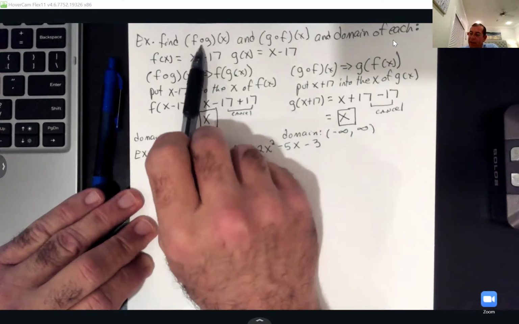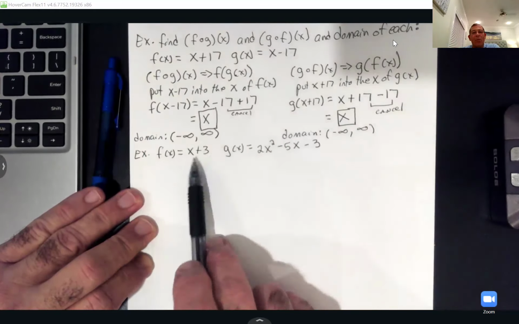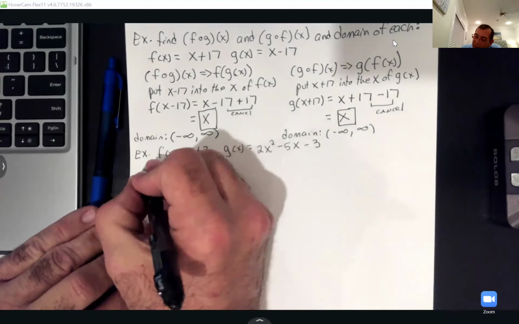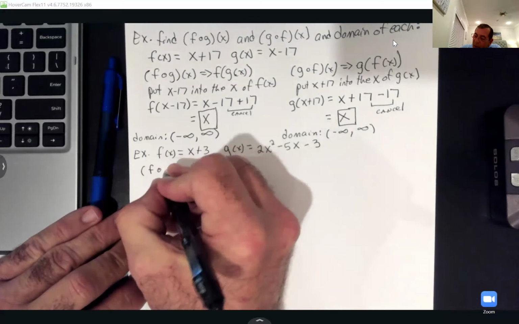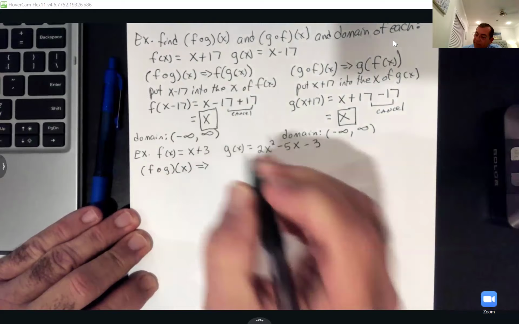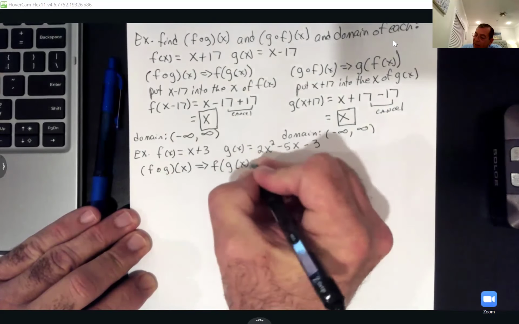We're still finding f compose g, g compose f, and the domains of each. So once again, I'm going to start with f compose g of x, and remember, that's f of g of x.